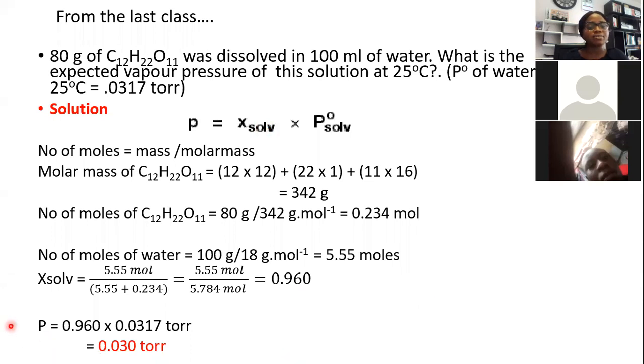And when we did that, now we have P, which is the vapor pressure of the solution, equal to 0.960, which is the mole ratio of the solvent, multiplied by 0.0317, which is the pressure of the water, that's the pure solvent. So what we have is 0.030.